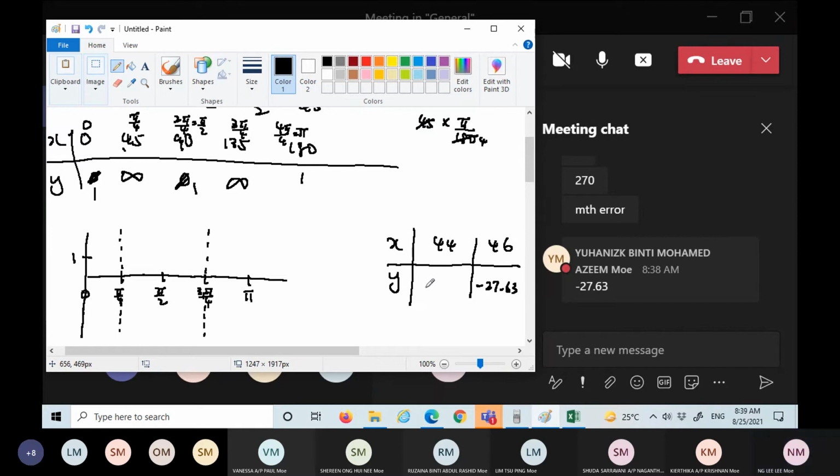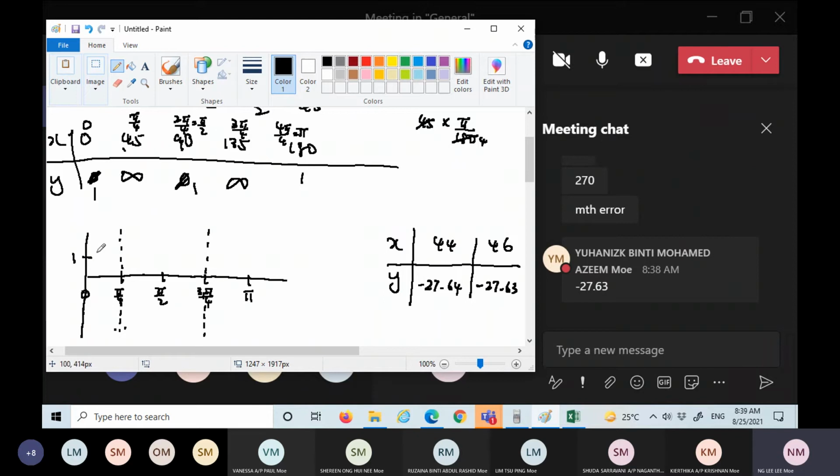Okay, that means these both are the same. This is negative, which means a little bit before this asymptote it is negative, and a little bit after the asymptote it is also negative.